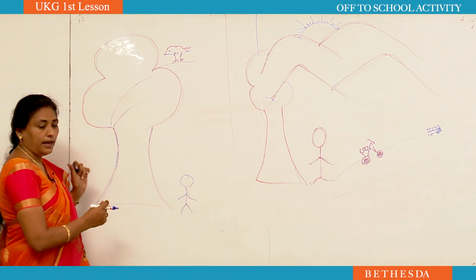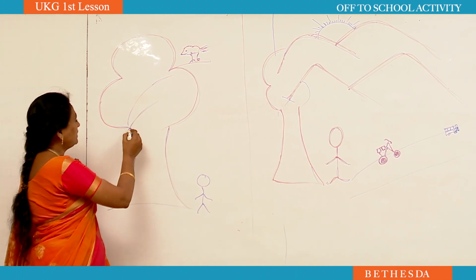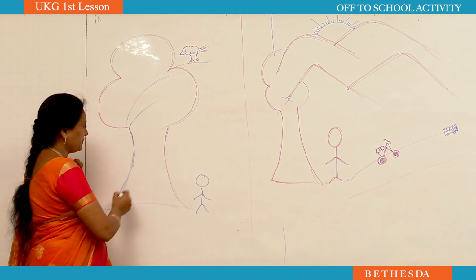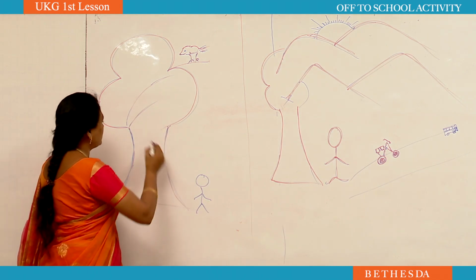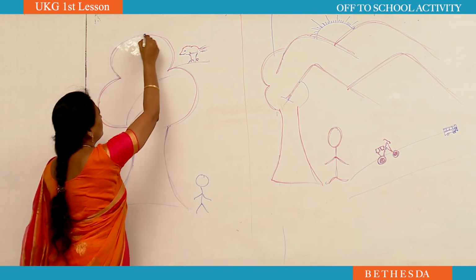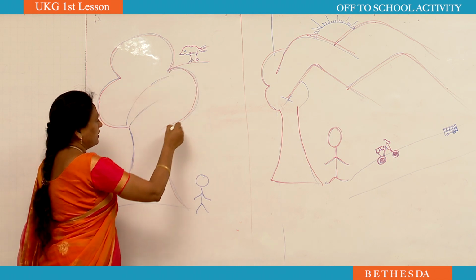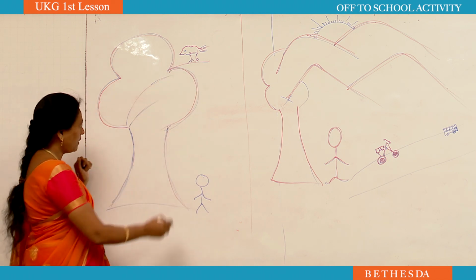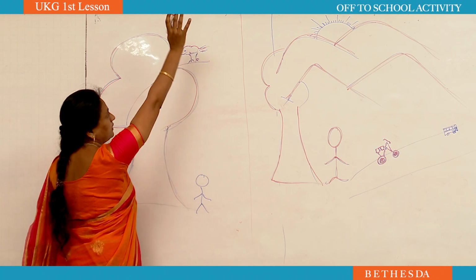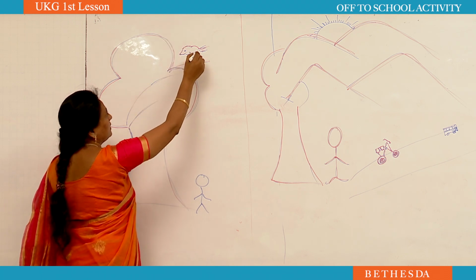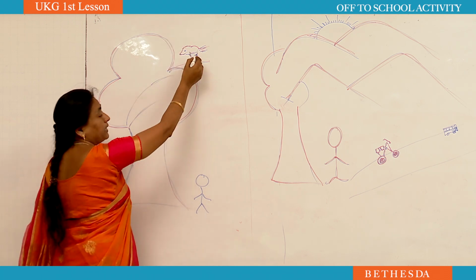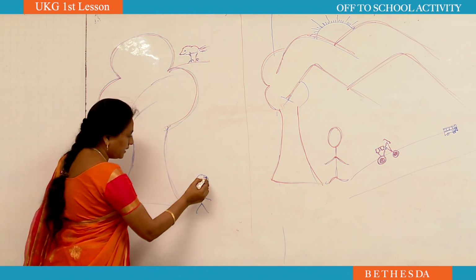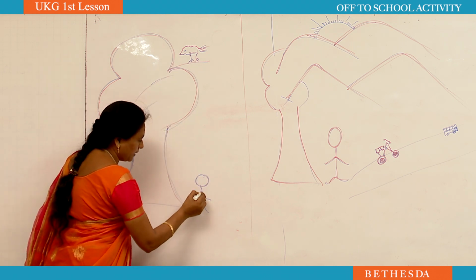Here you can see there is a tree. Have you seen? This is a tree. On the tree, there is, what is this? Bird. And here one boy is there.